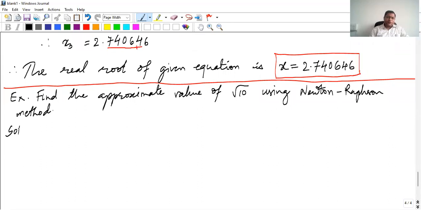In the last semester, we used the Taylor series method. Here we go with the Newton-Raphson method. So how to solve this? We want to find a square root. That means I want to find a number whose square is 10.